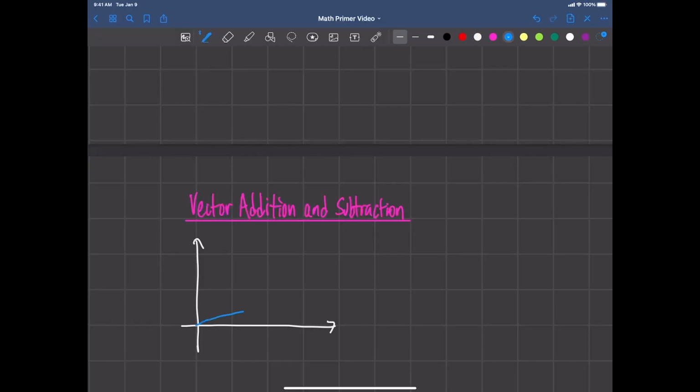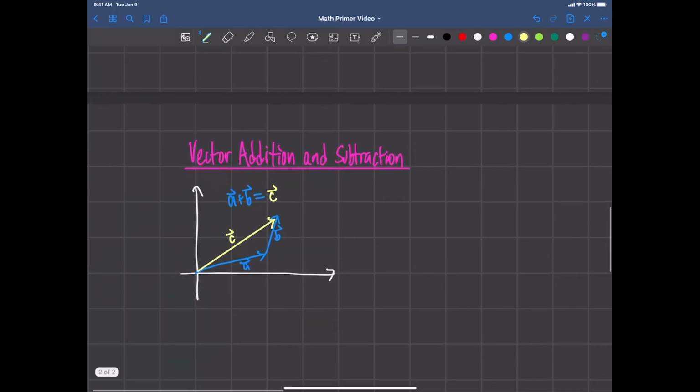If we have vector A and vector B, to add them, we place them end to end, and we connect from the origin to the endpoint. So this is vector A plus vector B equals C. It is the process of combining both the x components and both the y components.